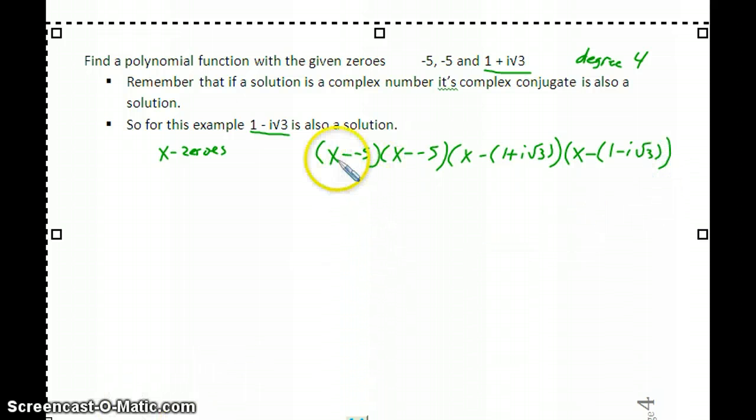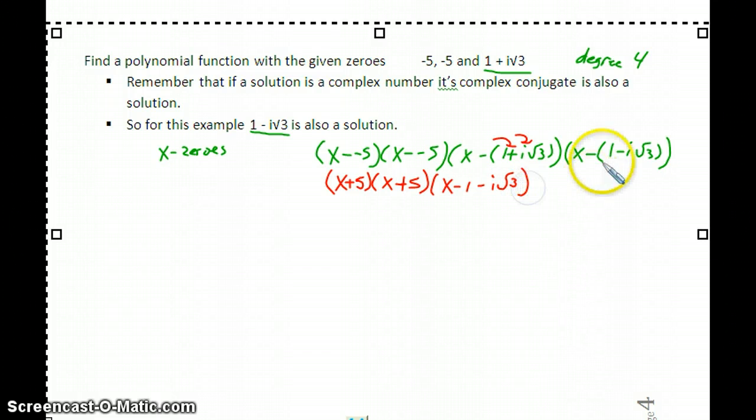So let's do a little bit of simplifying here. This is really an x plus 5. Same with this one. This one, when I distribute this negative in, becomes x minus 1 minus i square root of 3. This one will become x minus 1 plus i square root of 3.